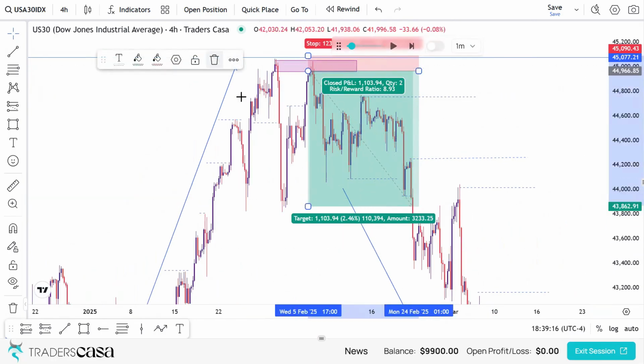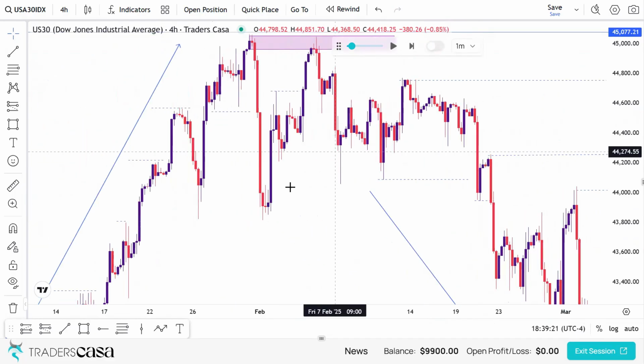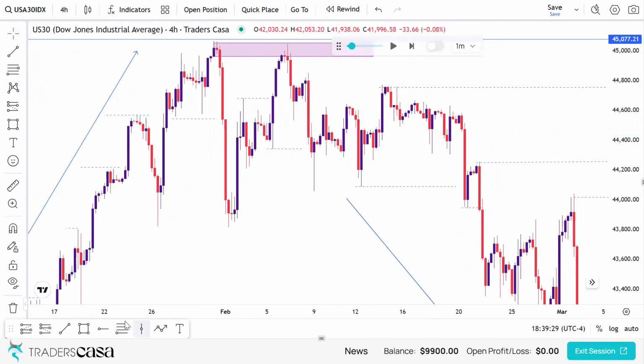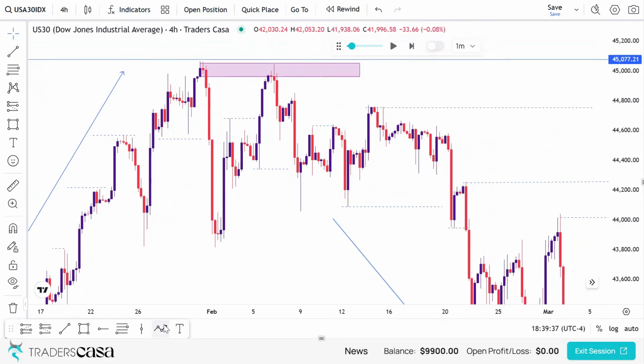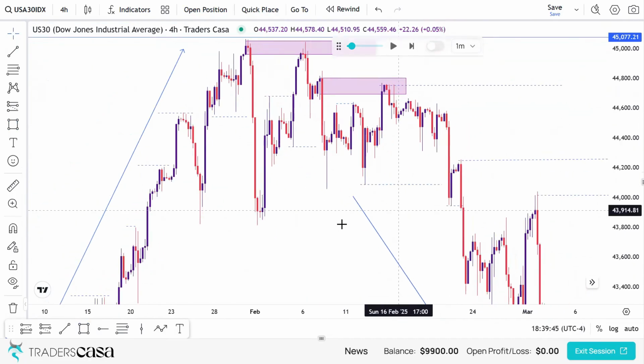So the very moment market changes trend, we keep on with the flow. We had our break of structure here again. We had our liquidity. The market sold off from our order block. This was our order block.